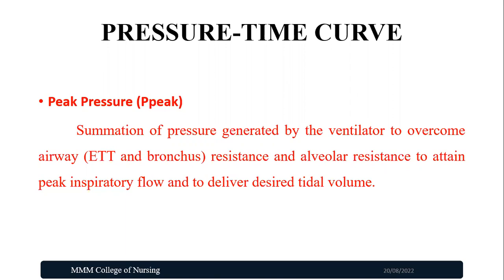Simply, it is the airway pressure delivered by the ventilator to initially overcome the resistance of the endotracheal tube, airway, and alveoli. As we may recollect from basic physics, resistance to flow is inversely proportional to radius. Peak pressure is graphed as a summation of both initial airway resistance and lung compliance. In general, an acceptable maximum peak pressure is 40 centimeters of water.